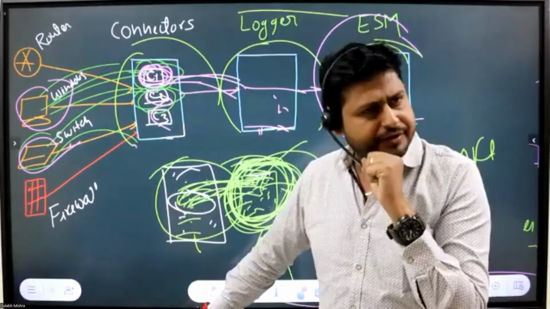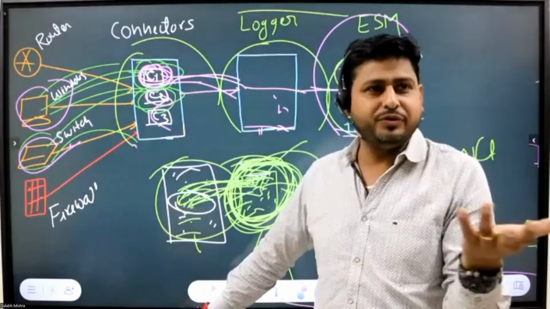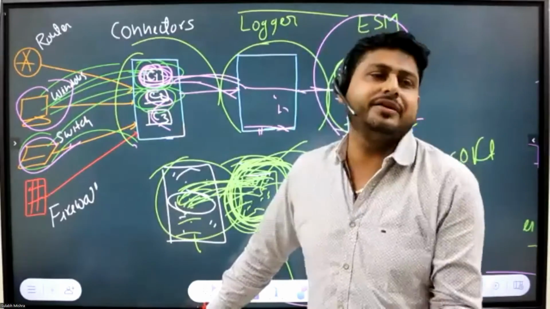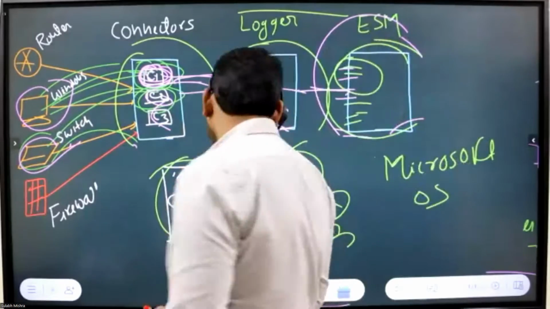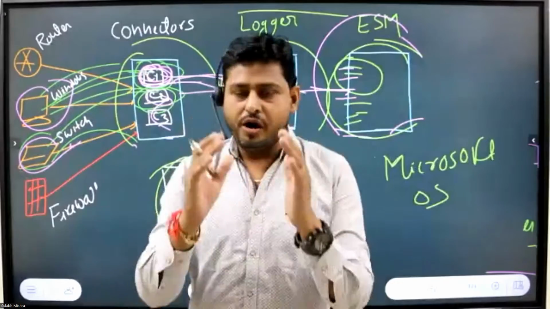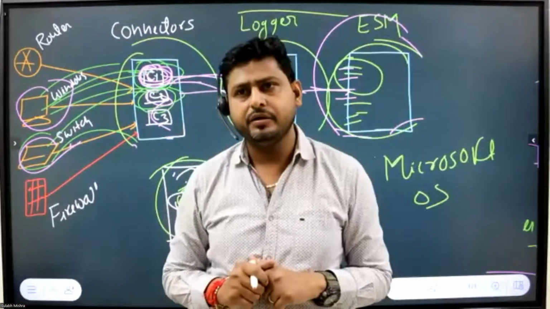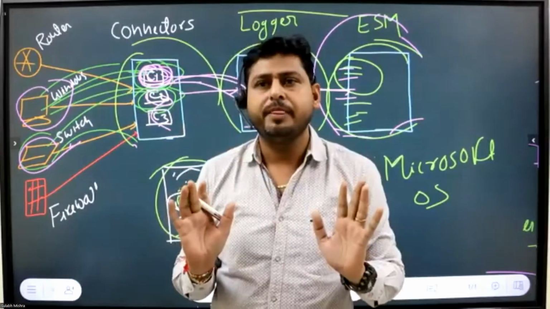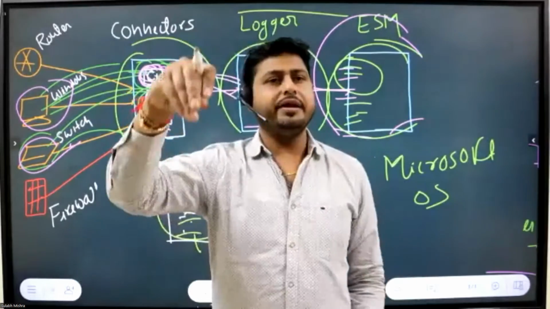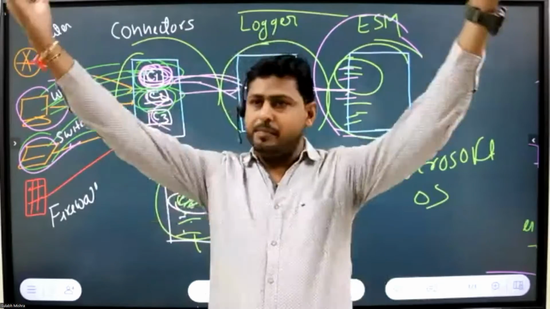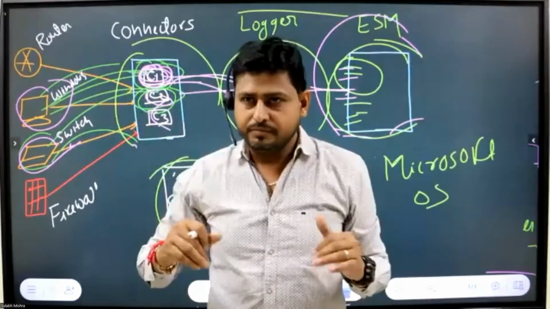So what is the difference between Windows 10 and Windows Server 2012, 2016, 2019? What happens is, generally, a laptop or desktop hardware has been designed for personal use, daily office use, not to deploy any software or application which has to be accessed by a number of users.